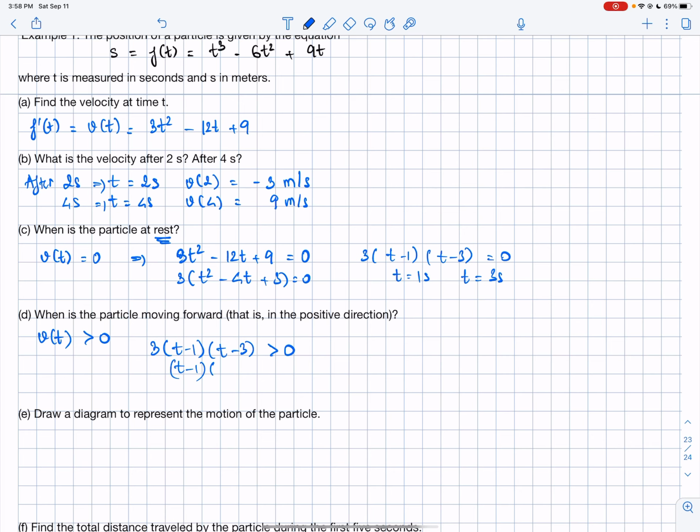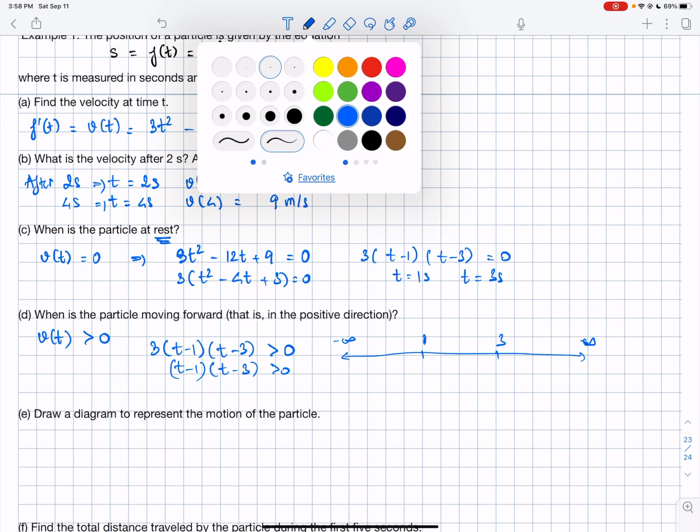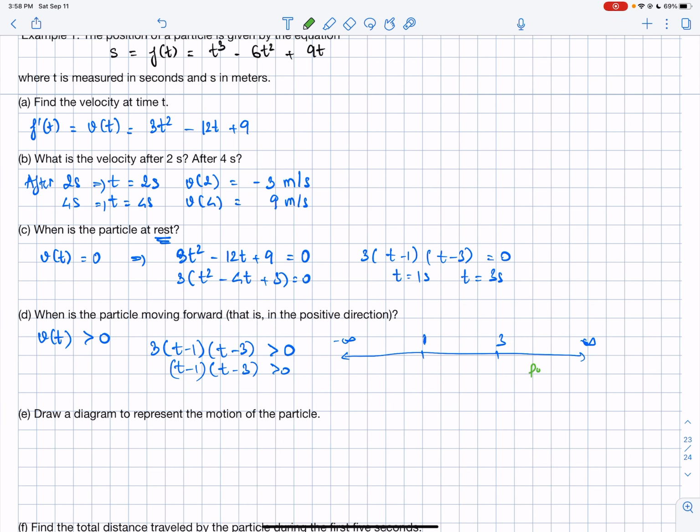If you remember how to solve the inequality in algebra, we put the numbers 1 and 3 on the number line, and then we test the points. We will get positive here, negative here, and positive here. So for v of t positive, t has to be less than 1 or greater than 3.